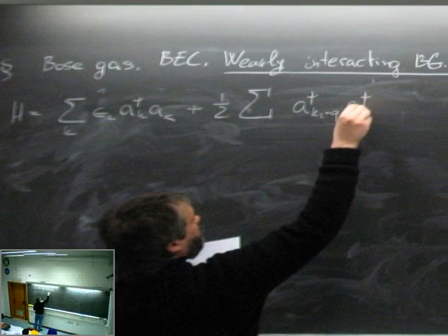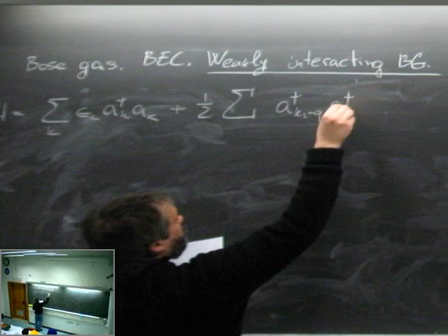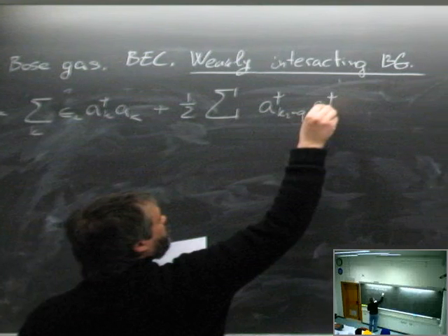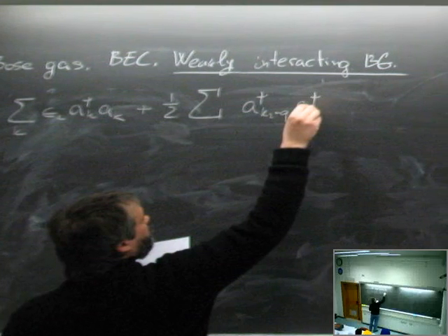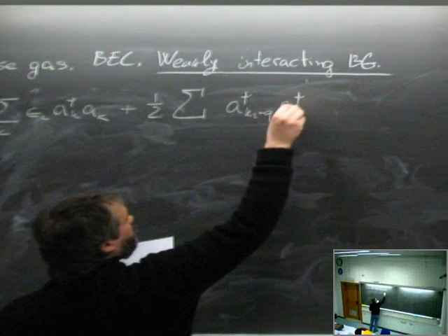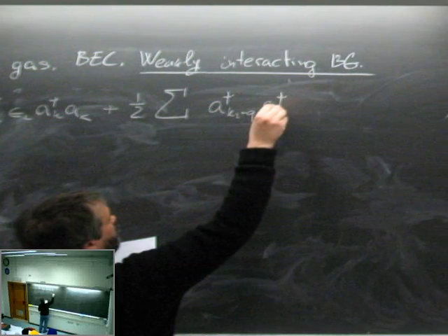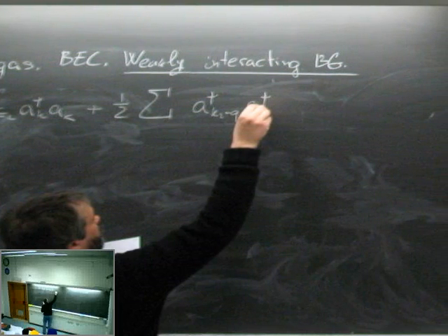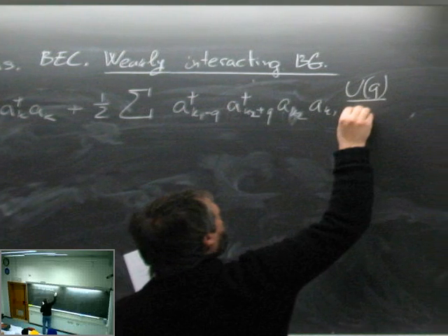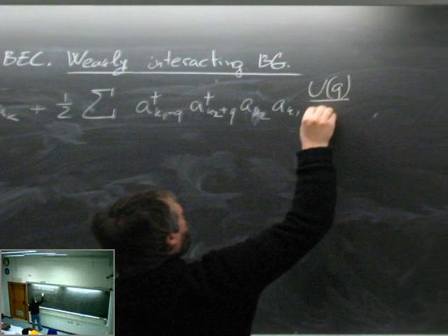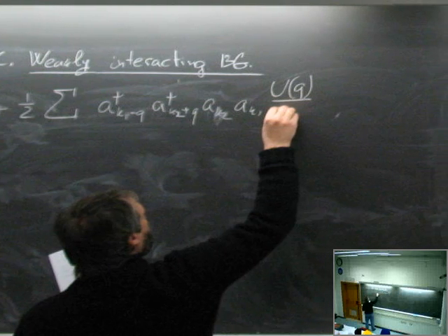the part related to interaction. So it's a dagger k2 minus q, a dagger k1 plus q, a k2, a k1, and here it's V_q over 2V. And the summation is taken over k1, k2, q.